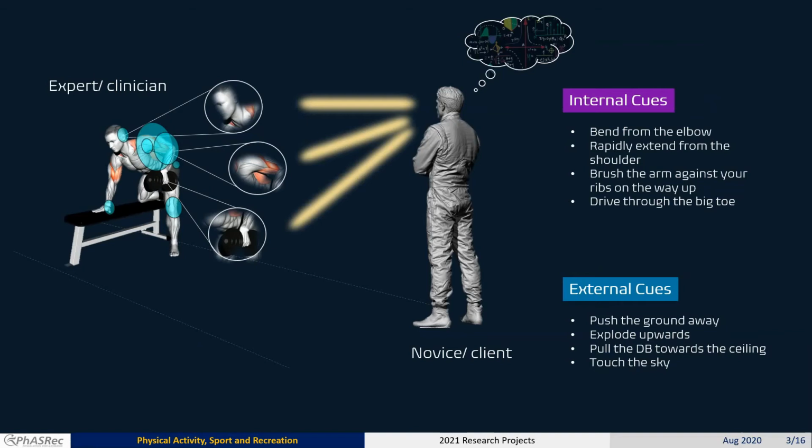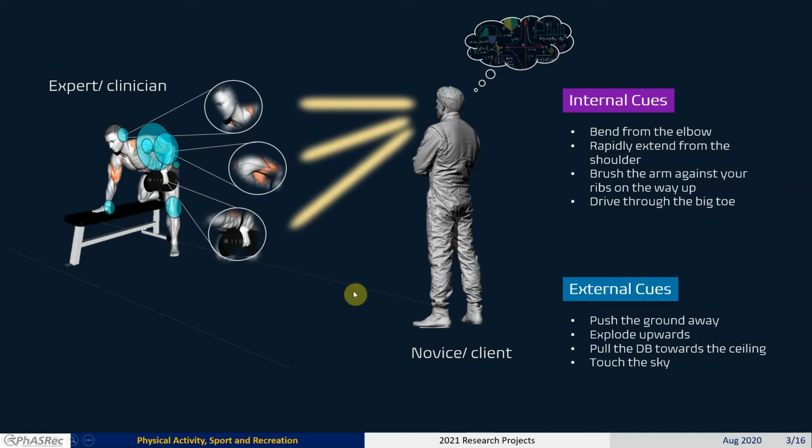Just to give a more concrete example, so here we have an individual that might be an expert or a clinician that is demonstrating an exercise. The question is, where's the novice or the client in this particular situation directing their gaze? What is it that they're particularly focusing on for how long in order to pick up visual cues that they will then use in order to replicate this exact same exercise?